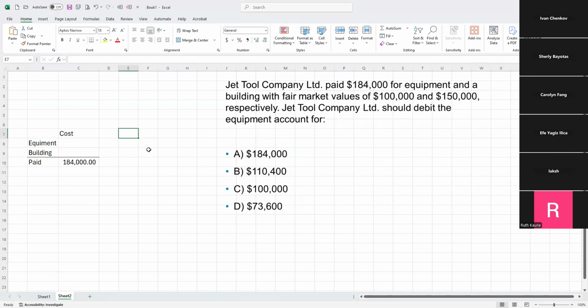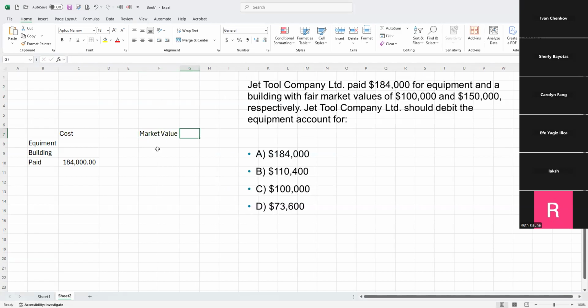But we already found out that the market value for the equipment is $100,000 and for the building is $150,000.